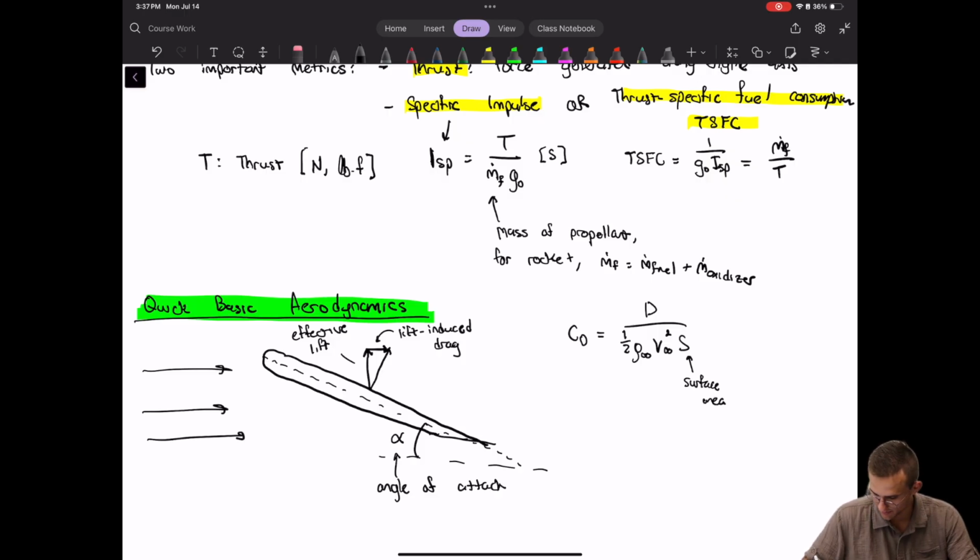And then we also end up with a coefficient of lift, which is our lift force normalized by the same thing, 1/2 rho infinity V infinity squared S. This quantity here is termed the dynamic pressure, Q infinity.